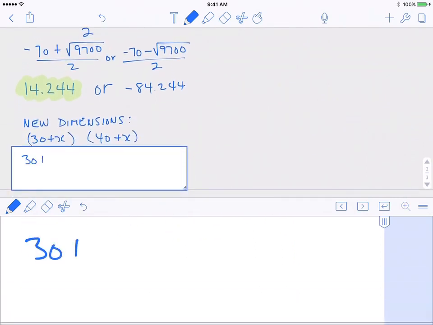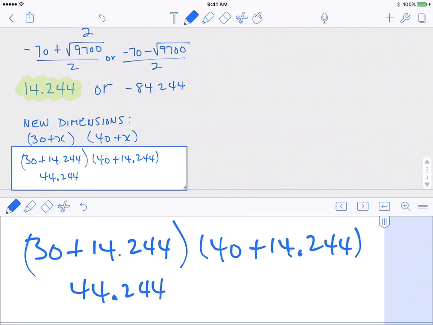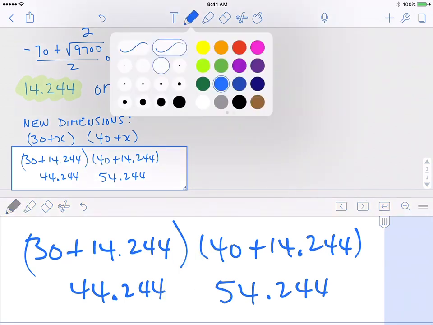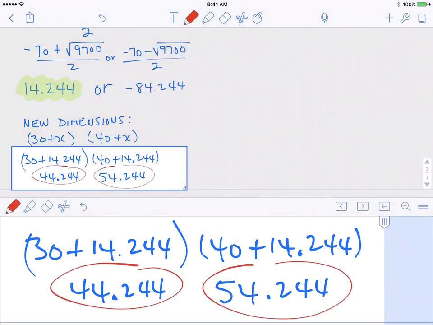We have 30 plus 14.244 times 40 plus 14.244. And so our numbers are going to be 44.244 for the length, and the width will be 54.244. These are our two new dimensions. So that would be your answer.